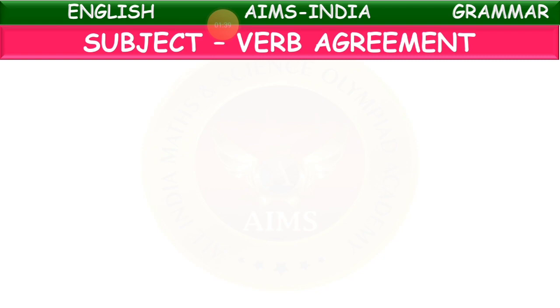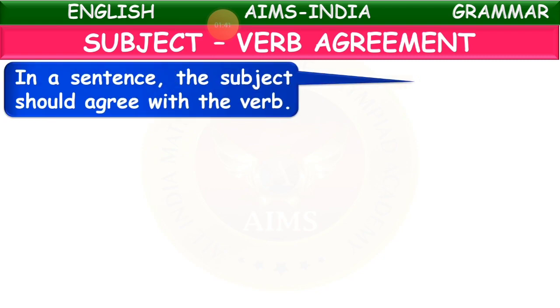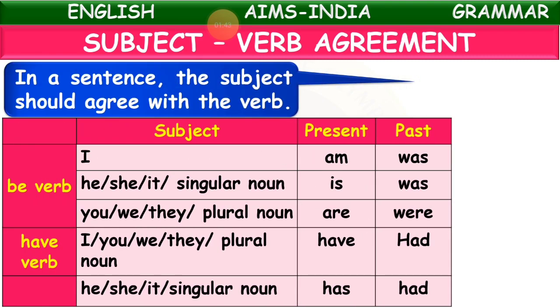So what is subject verb agreement? In a sentence, the subject should agree with the verb. That means subject and verb must go with the same number.